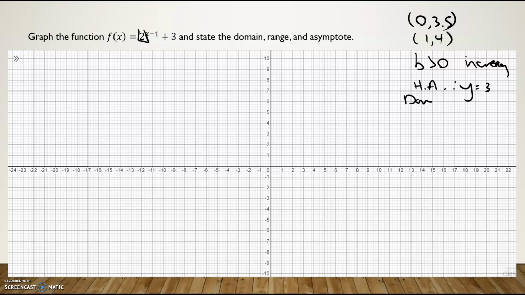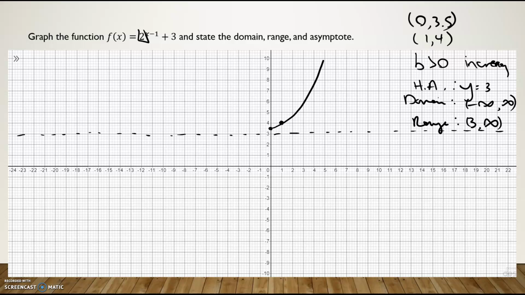We'll go ahead and state our domain, negative infinity to positive infinity, and our range will start at whatever d is. Here d is 3 and goes up to positive infinity. So 3 is our asymptote, right here. We're increasing. Let's go ahead and plot those 2 points. 1, 4 right here, and 0, 3.5, so about here.